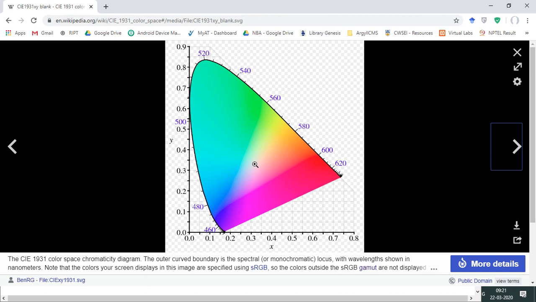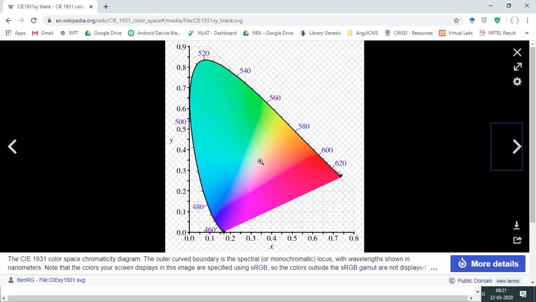That is what the white point is. So as you move from any point on the border of the spectral locus into the inside and reach the white point, you will see the saturation gradually decreasing, right?